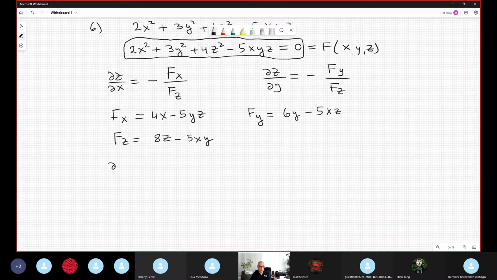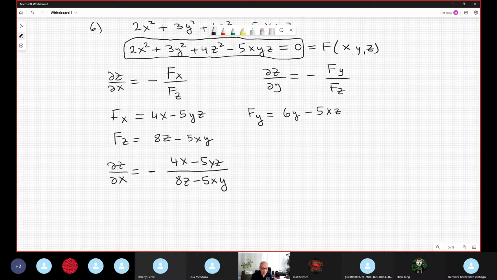The partial derivative of z with respect to x is equal to minus, I copy the expression, which is 4x minus 5yz divided by 8z minus 5xy.